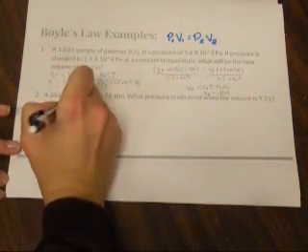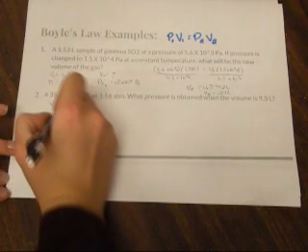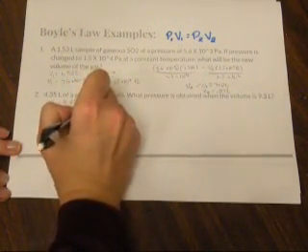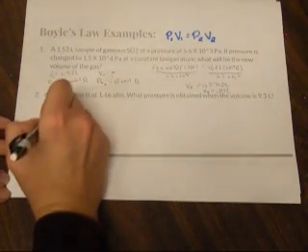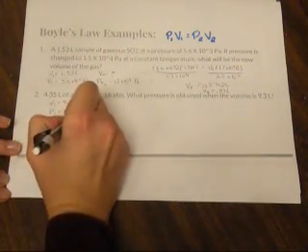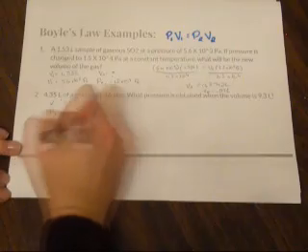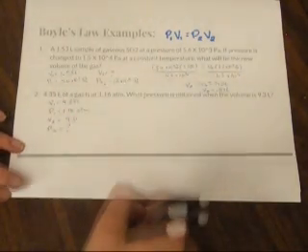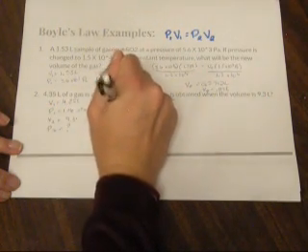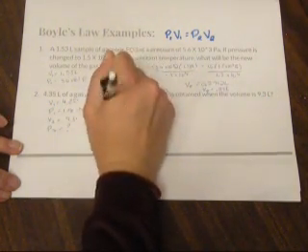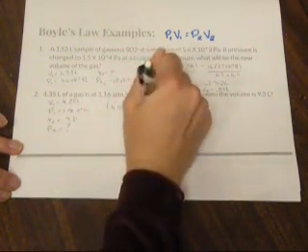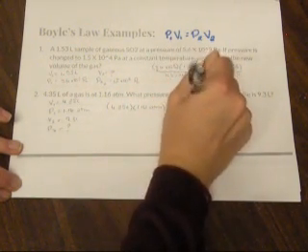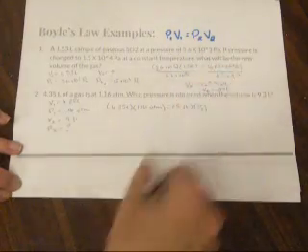Volume 1 is 4.35 liters, pressure 1 is 1.16 atm, volume 2 is 9.3 liters, and pressure 2 we don't know, so we are looking for it. Now, 4.35 liters times 1.16 atm equals 9.3 liters times pressure 2.